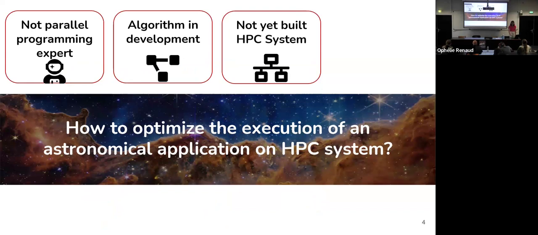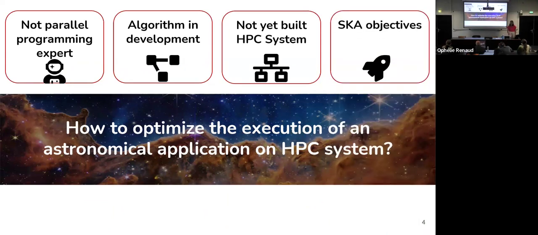And the system has to meet the real-time constraints imposed by the radio telescope SKA. And this challenge leads to the question that will unfold this presentation, which is how to optimize the execution of a program as complex as astronomical ones on a system as complex as HPC.